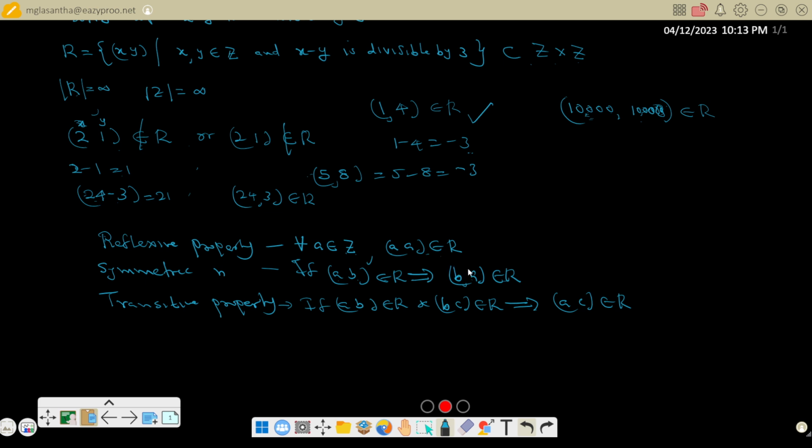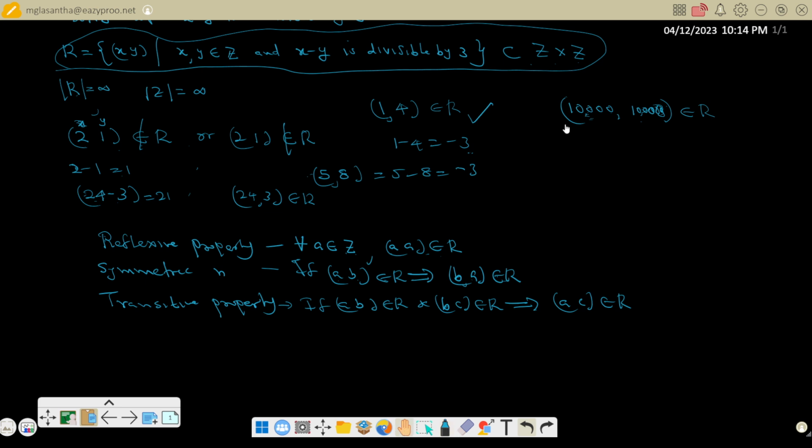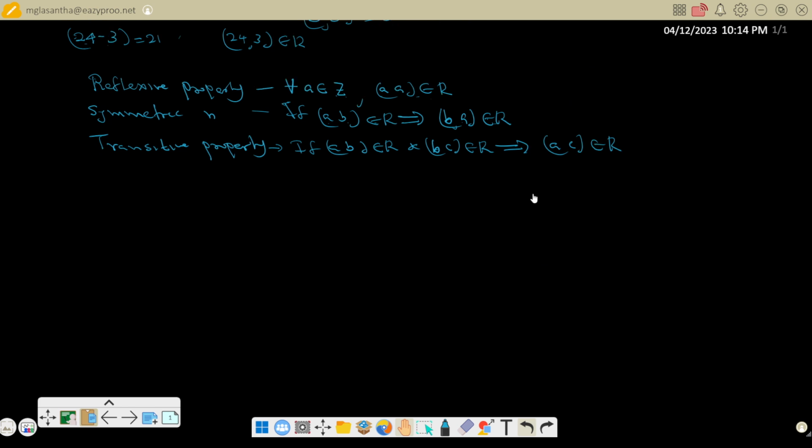If all these three properties are true for a given relation, that relation is known as an equivalence relation. The relation we discussed is an equivalence relation, because all these three properties are true for this relation.